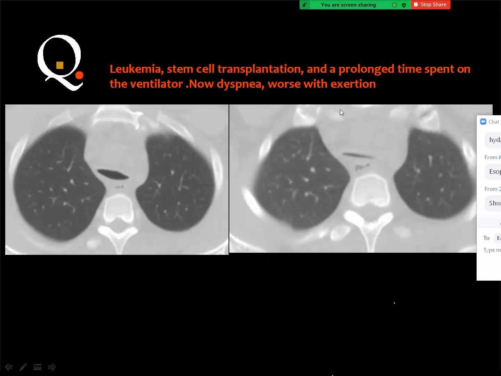This patient has leukemia, stem cell transplantation, and prolonged time spent on a ventilator. Now he has dyspnea, worse with exertion.